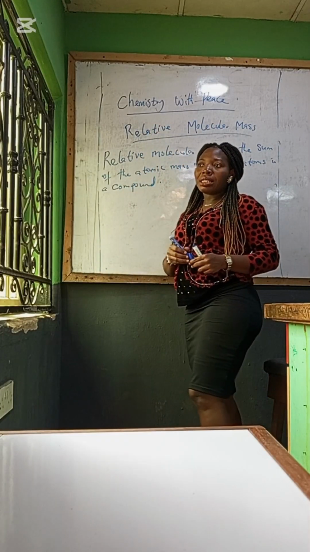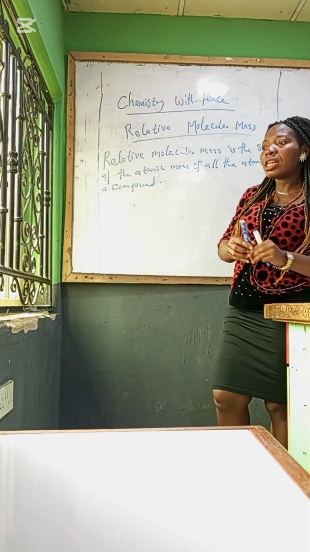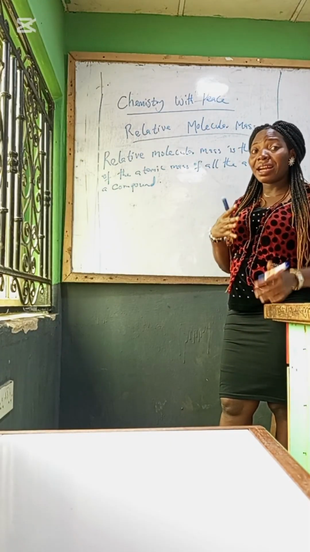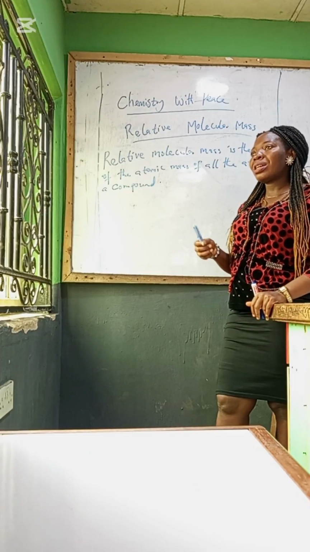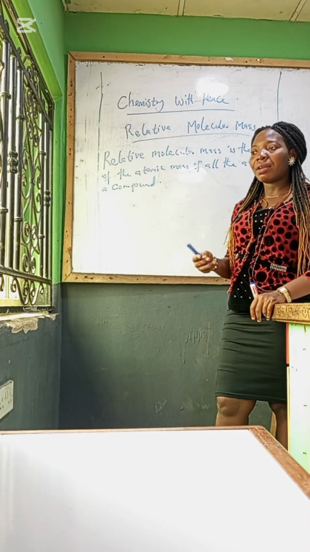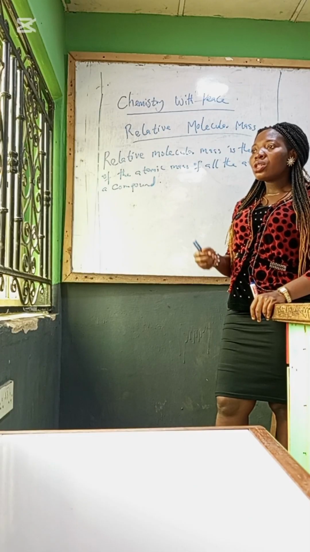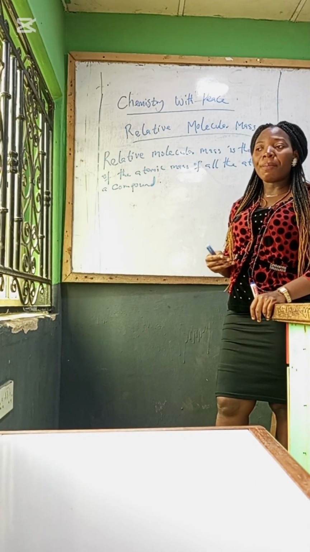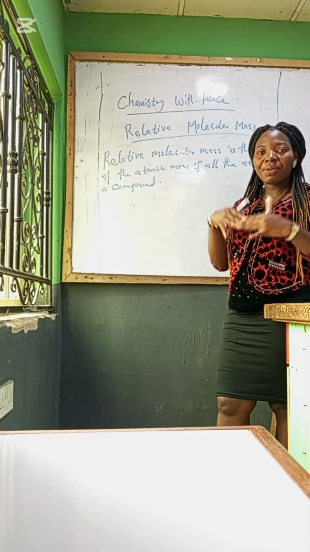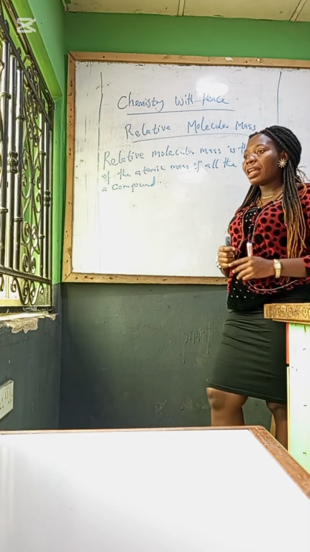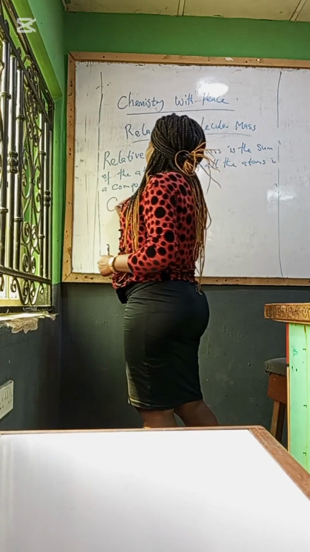As we all know, a compound is a substance that contains two or more elements that are chemically combined together. And we also know that a compound has a chemical formula. So the relative molecular mass of a compound is the sum of all the atoms present in a compound. Let me write the meaning of a compound.